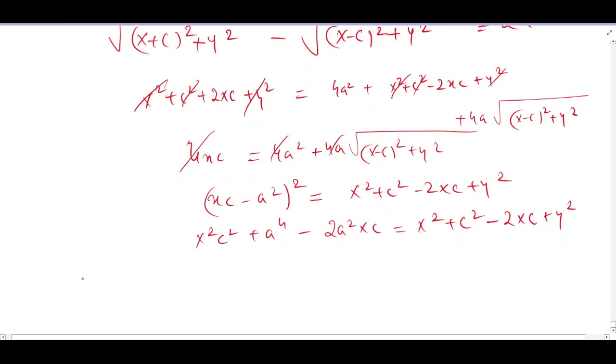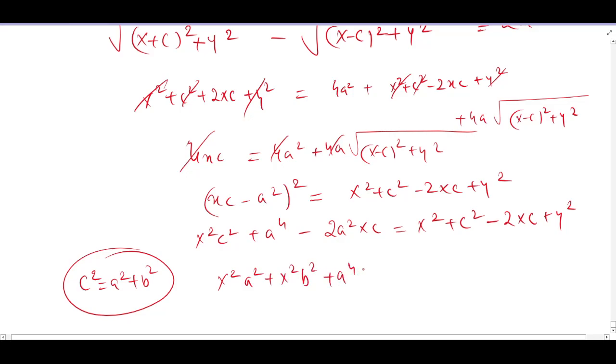So from hyperbola we get c square is equal to a square plus b square. Therefore x square a square plus x square b square plus a4 minus 2a square x root of a square plus b square is equal to x square plus a square plus b square minus 2x root of a square plus b square plus y square.